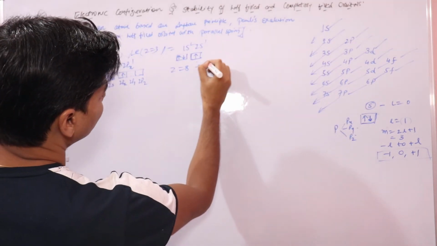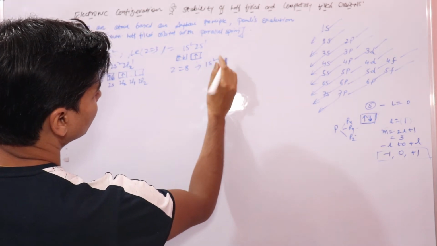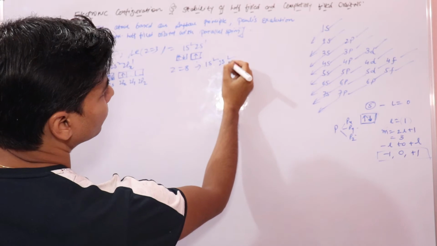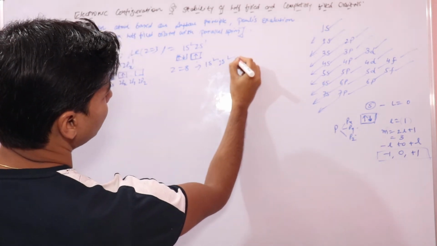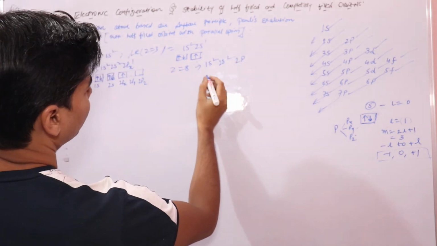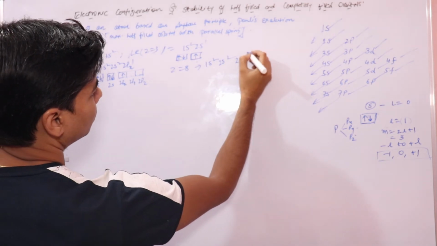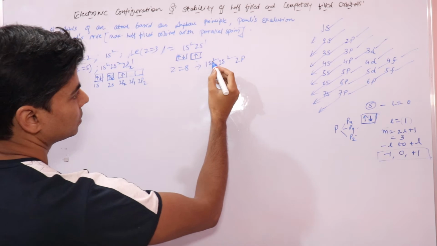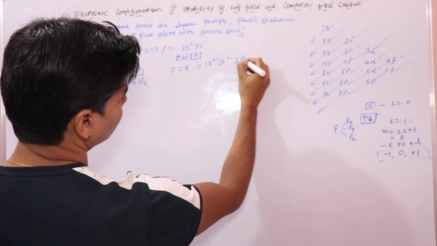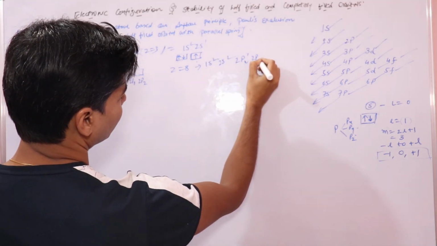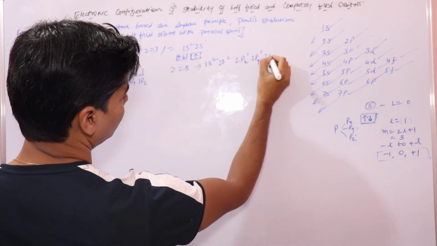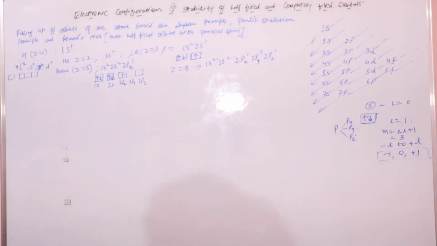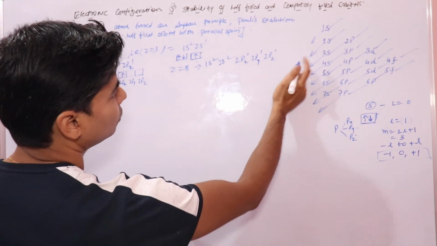It would be 1s2, 2s2, then 2p, it's 4, 2px1, 2py1, 2pz1, right?